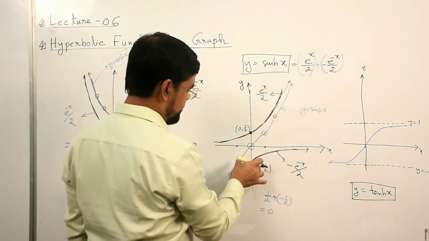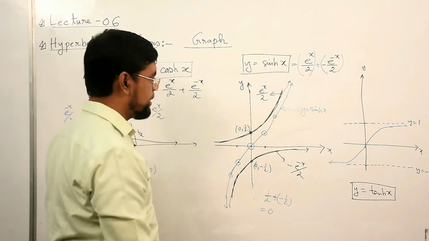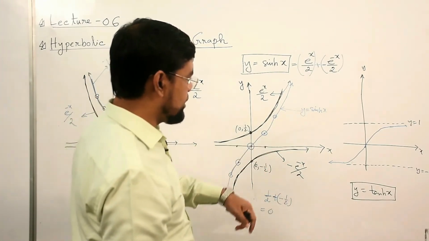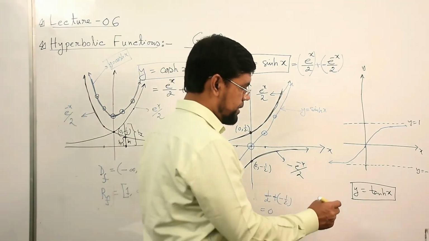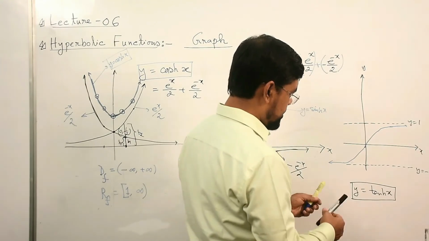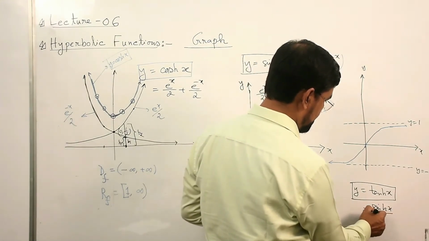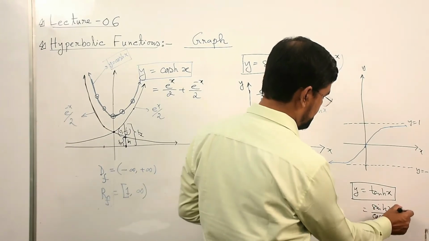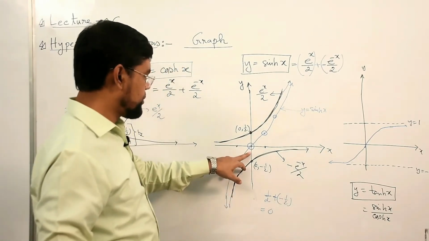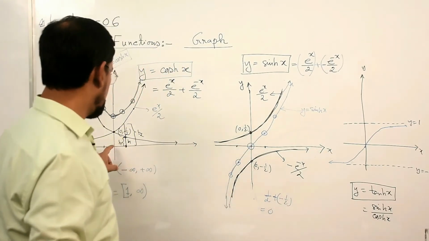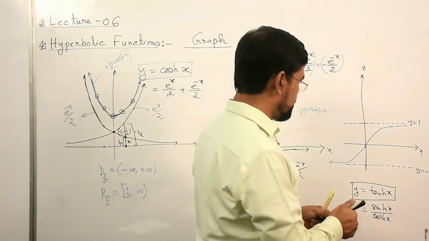These two lines make a curvilinear asymptote. Similarly, you can graph y equals tanh x by just dividing: tanh x equals sinh x divided by cosh x. So when x equals 0, sinh x is 0 and cosh x is 1, so 0 divided by 1 is 0.